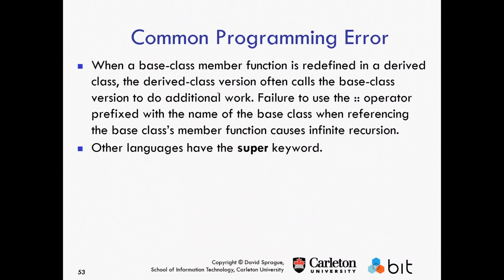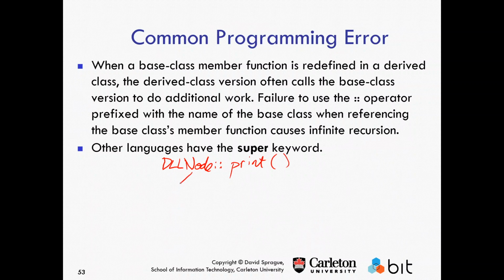Okay. Other languages, by the way, have the super keyword. We do not have the super keyword. The super keyword allows you to call the parent class on some things. So if I'm in the print method for one thing, I should be able to do this.